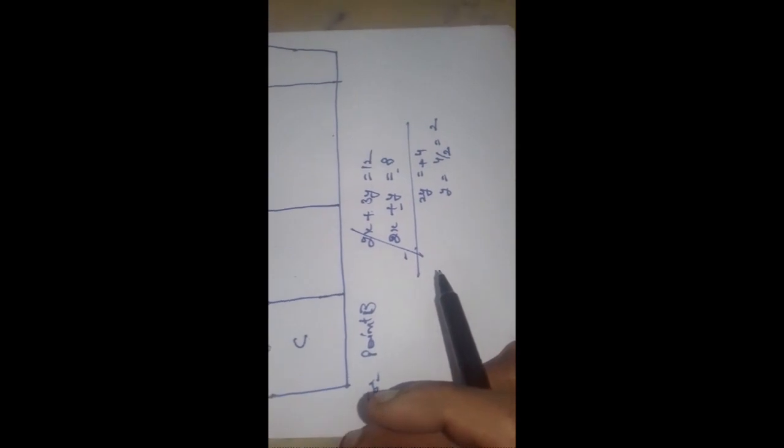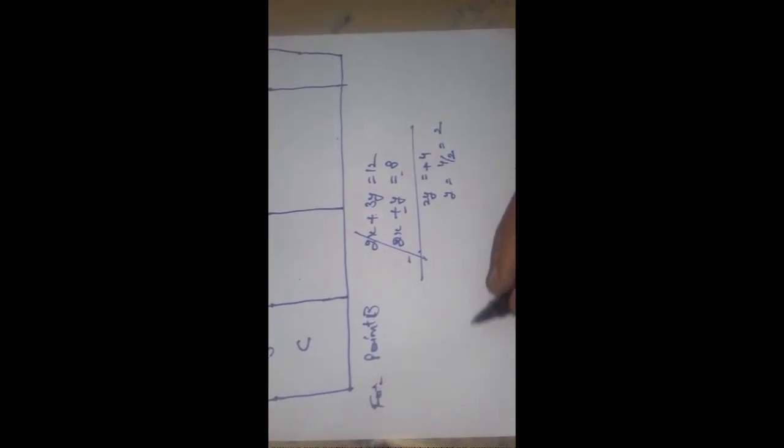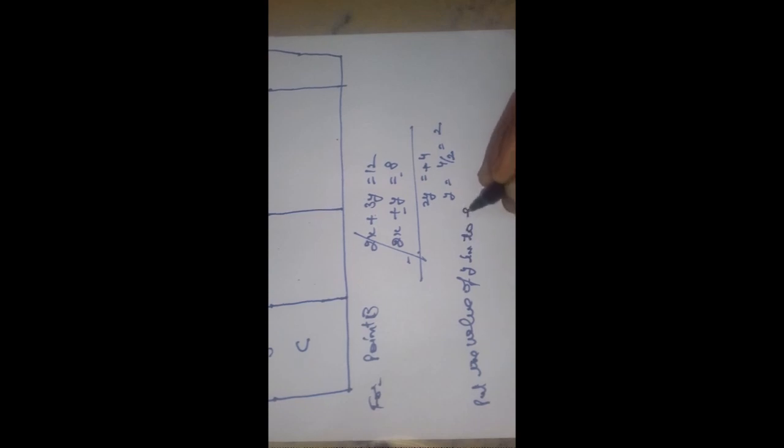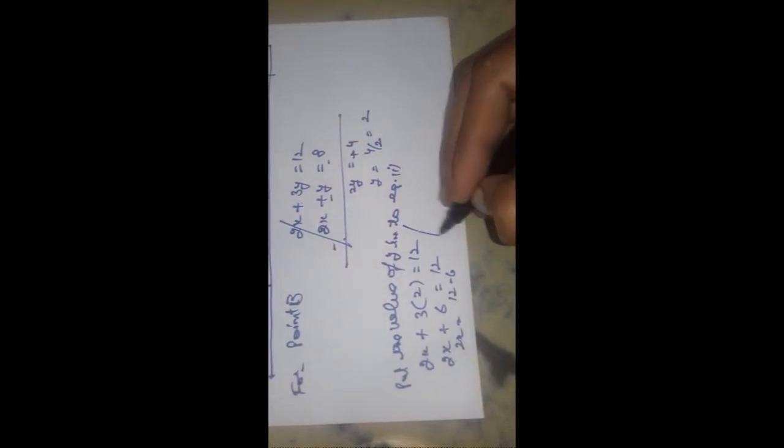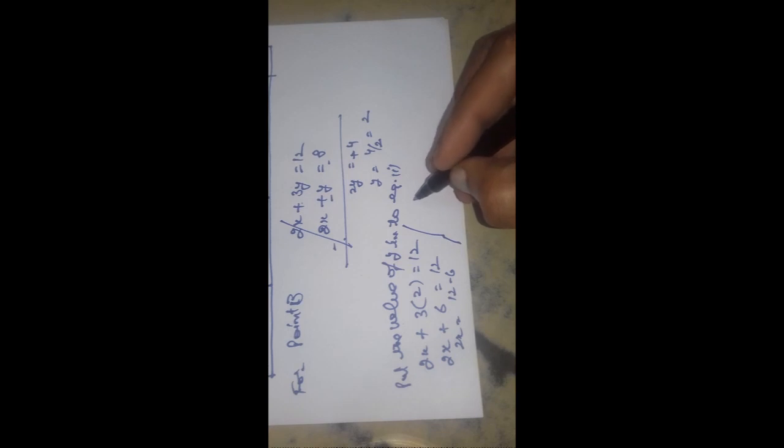Again, put the value of y into equation 1. 2x plus 3 into 2, as the value of y was 2, equals to 12. 2x plus 6 equals to 12. 2x equals to 12 minus 6, so 2x equals to 6.